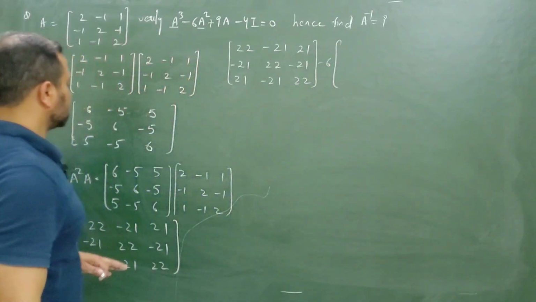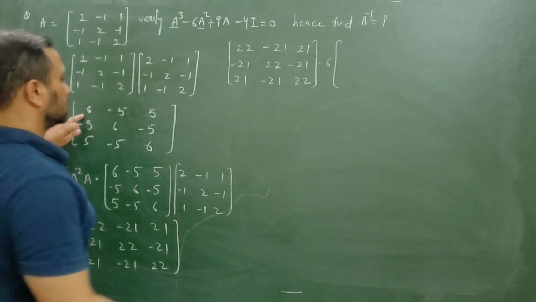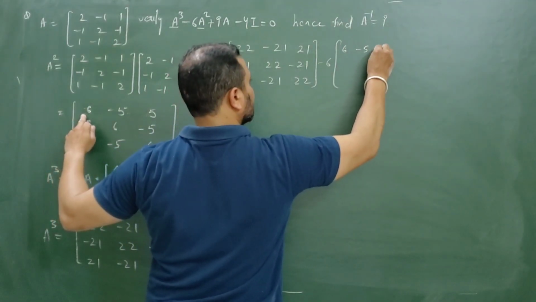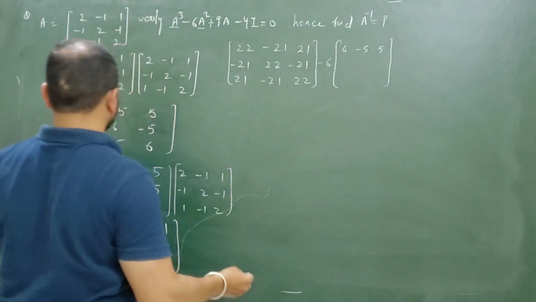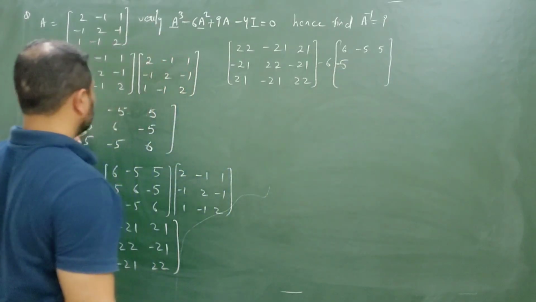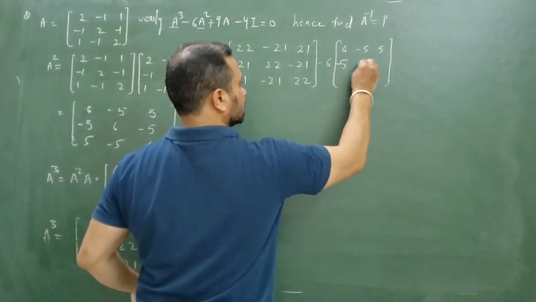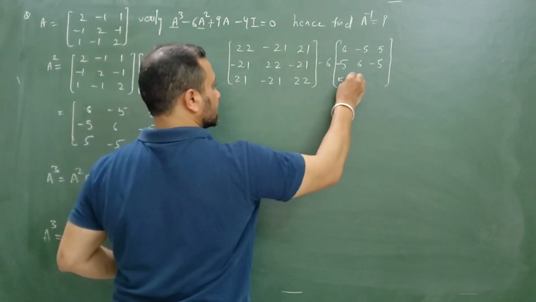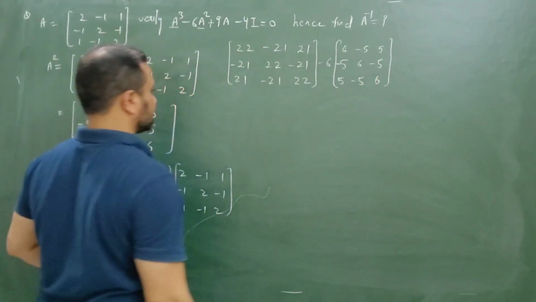The value of A square is this one: 6, minus 5, 5, minus 5, 6, minus 5, 5, minus 5, and 6.